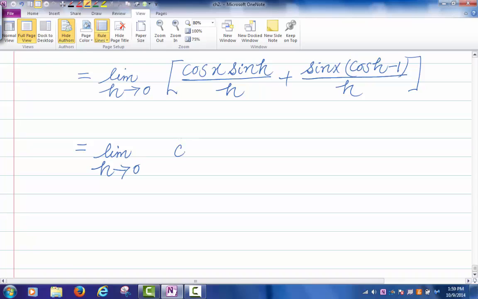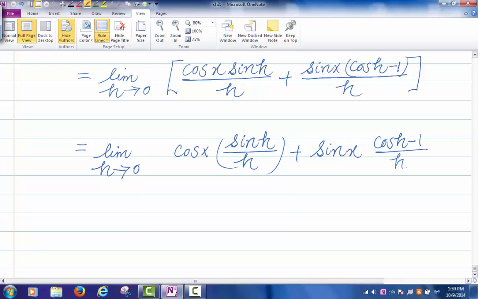We have cosine of x, and then we have sine h over h, right? And the second term would be sine x times cosine h minus 1 over h. You agree with that?